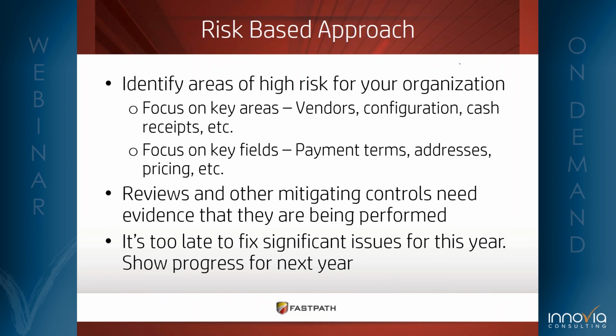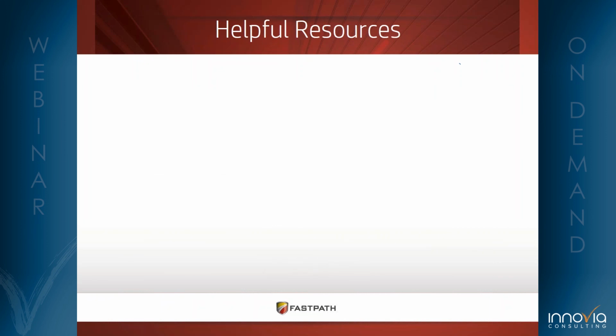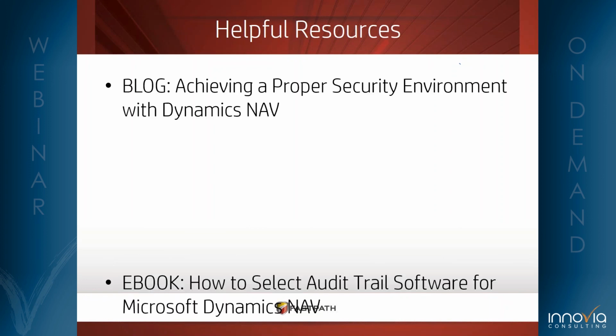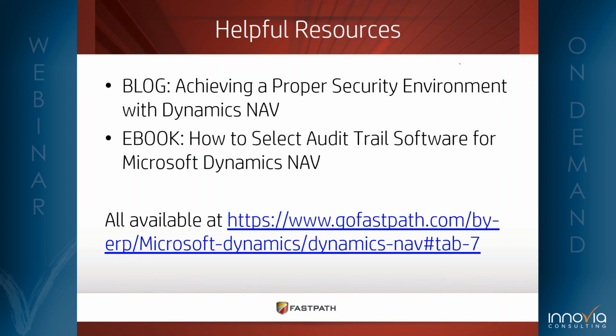Okay, so now we have some helpful resources for you, in terms of where you can get information on NAV security, and potentially selecting audit trail software for Dynamics NAV if you can't adequately segregate duties.